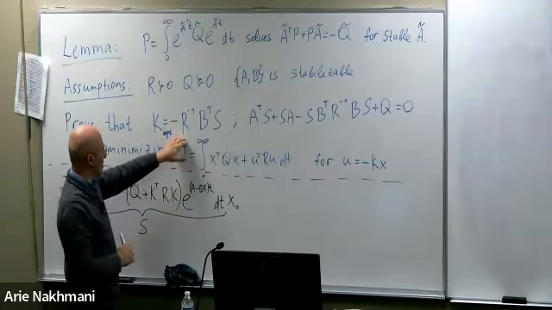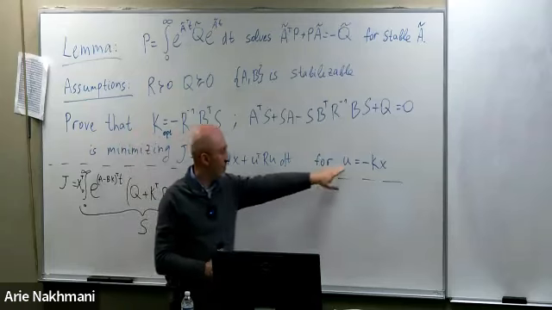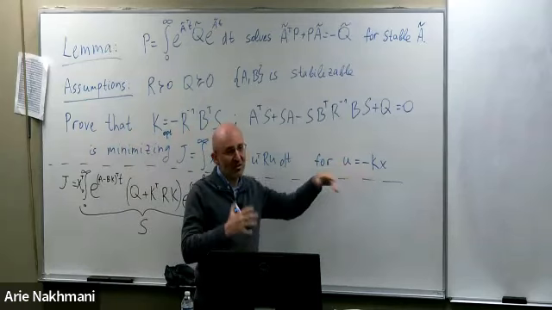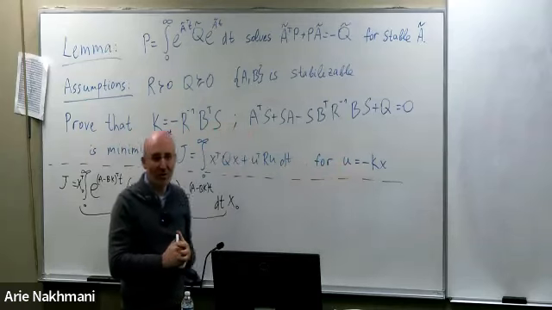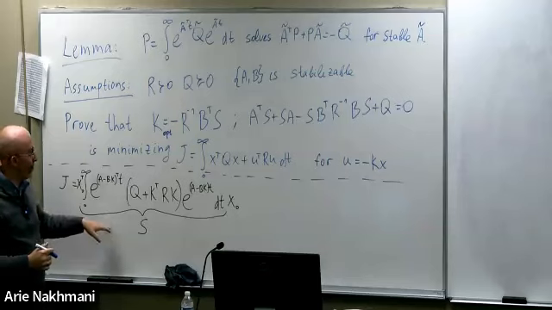But we want to show that this is correct, and this is minimizing J for given input, which is minus Kx, a regular feedback controller in state space, right? And the last thing that we did, we got to the stage where we found the J, substituting x equals the exponent times x0. If you remember, this is the solution of the equation and so on.